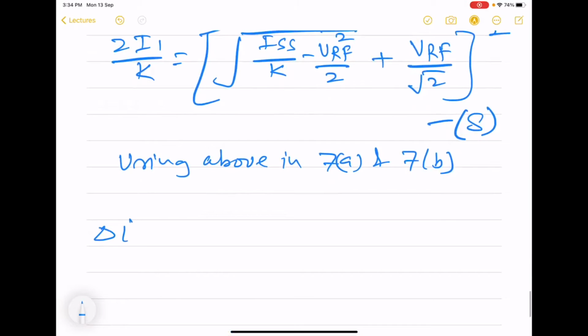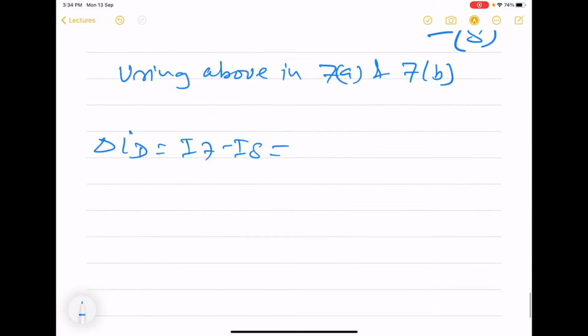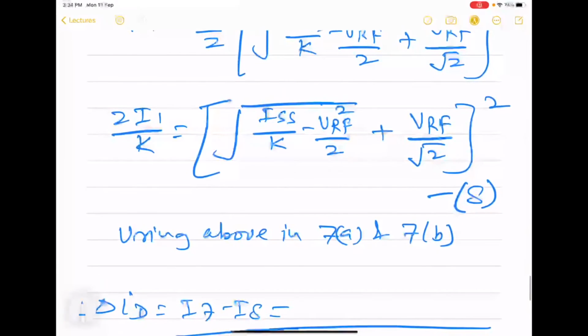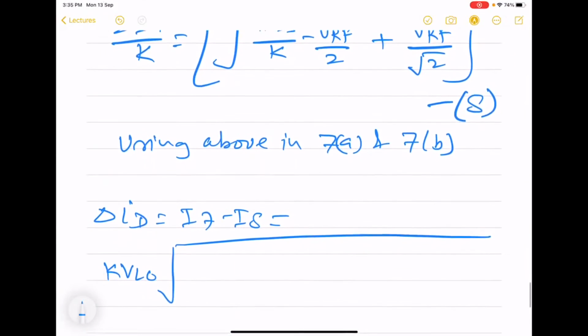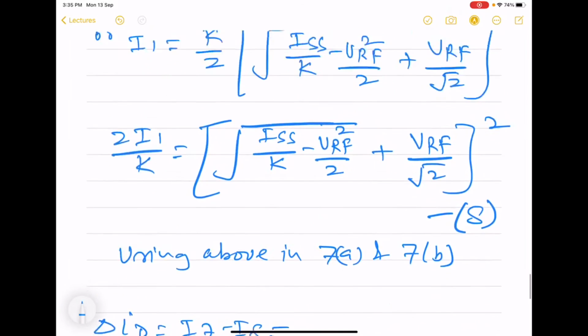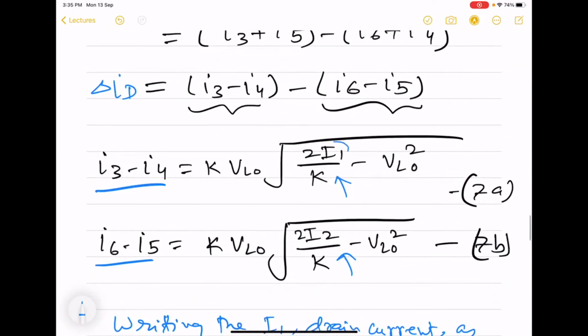So that will give ID, which is I7 minus I8, as KVLO. So now we are going to substitute I1. So in fact, we are going to substitute 2I1 by K, and what we will get is this. So this whole factor is going to be substituted using 8.